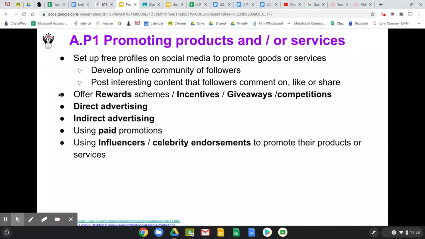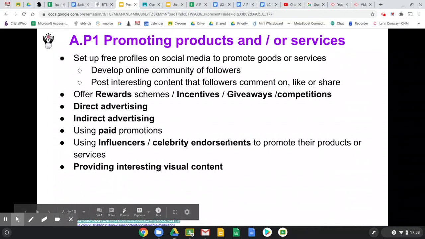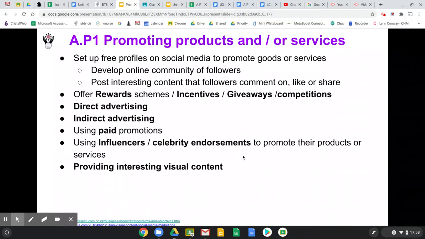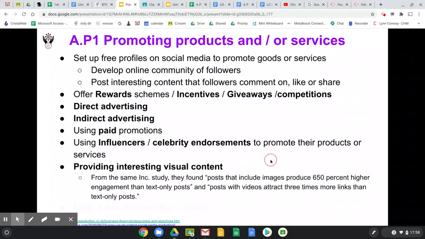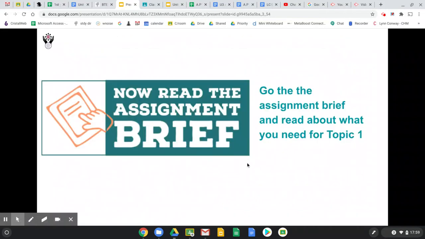Paid promotions, celebrity endorsements, other influencers like YouTubers or people like that. The most successful type of social media ads often use really good visual content as well. So there's lots of different ways which businesses can promote their products and services using social media. So we're going to write our first topic about that.